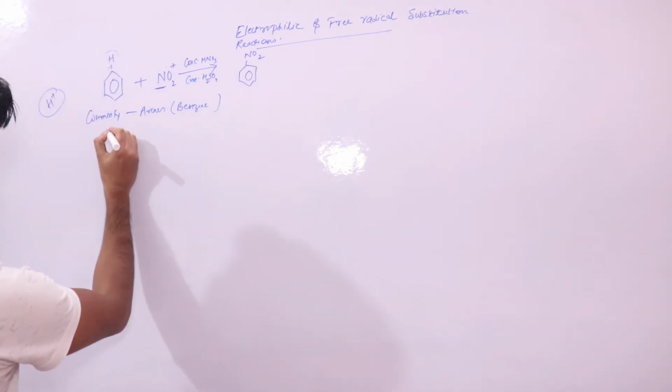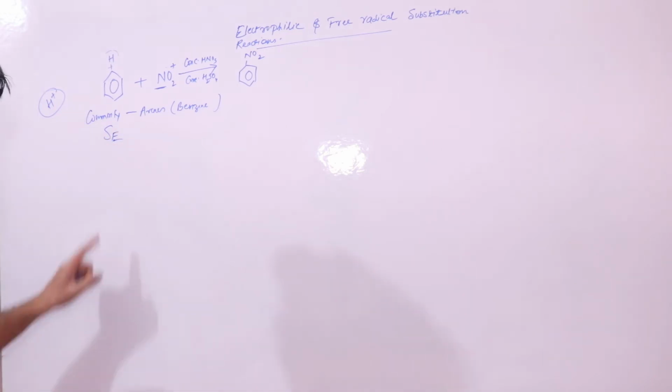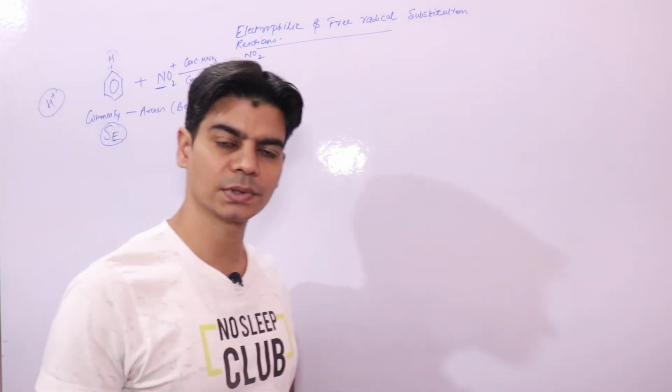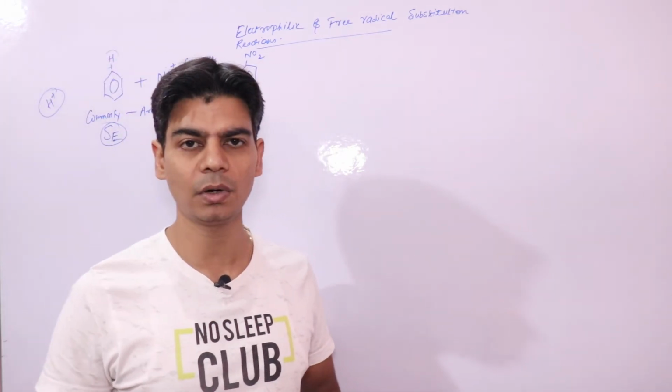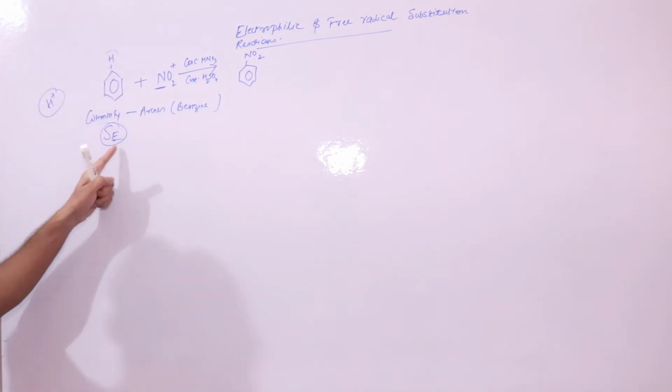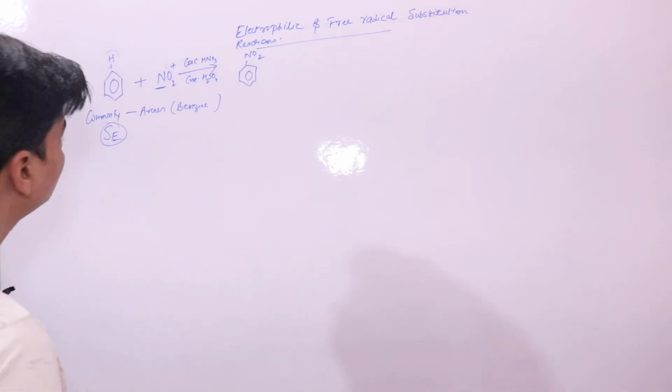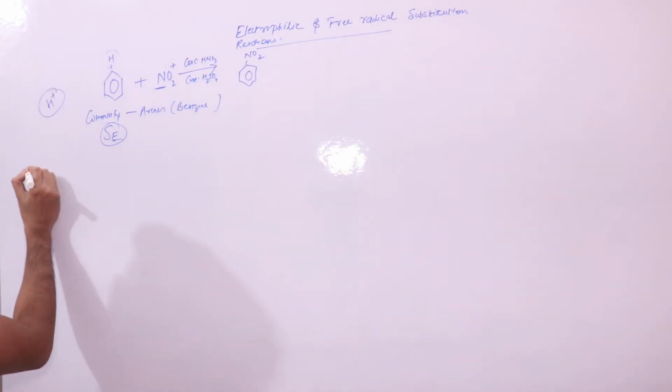Electrophilic substitution reactions are denoted by SE, where S stands for substitution and E stands for electrophile. Now let's look into free radical reactions.